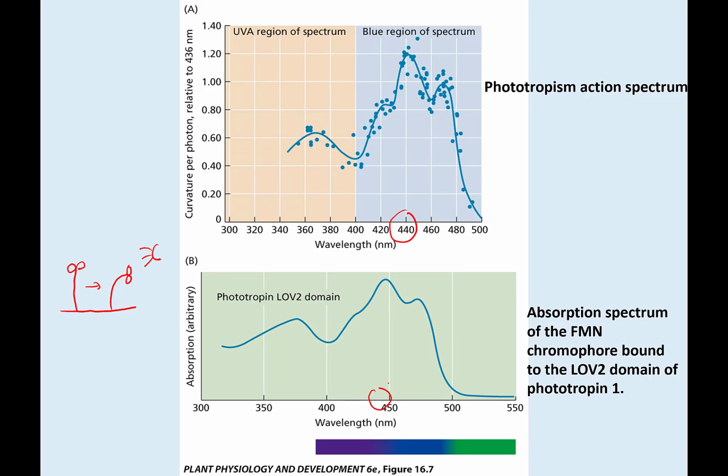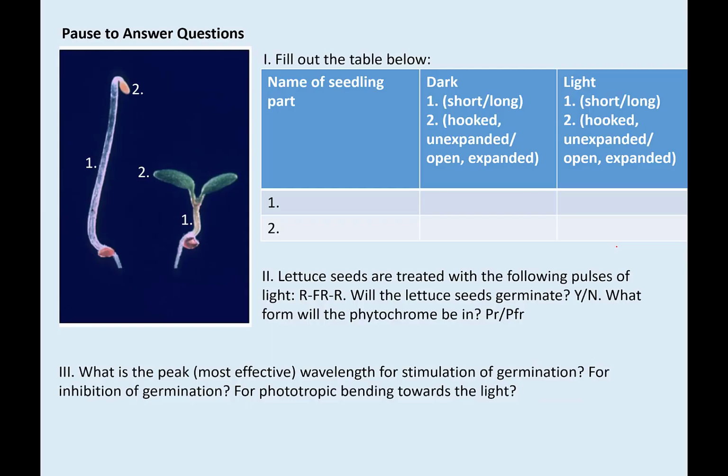We actually talked about this in the paper with that optogenetic blue light receptor, and that was just the LOV2 domain absorbing FMN. But phototropin is the actual plant blue light photoreceptor. Anyway, so this is an action spectrum for blue light phototropin, which we'll be talking about in the next lecture.